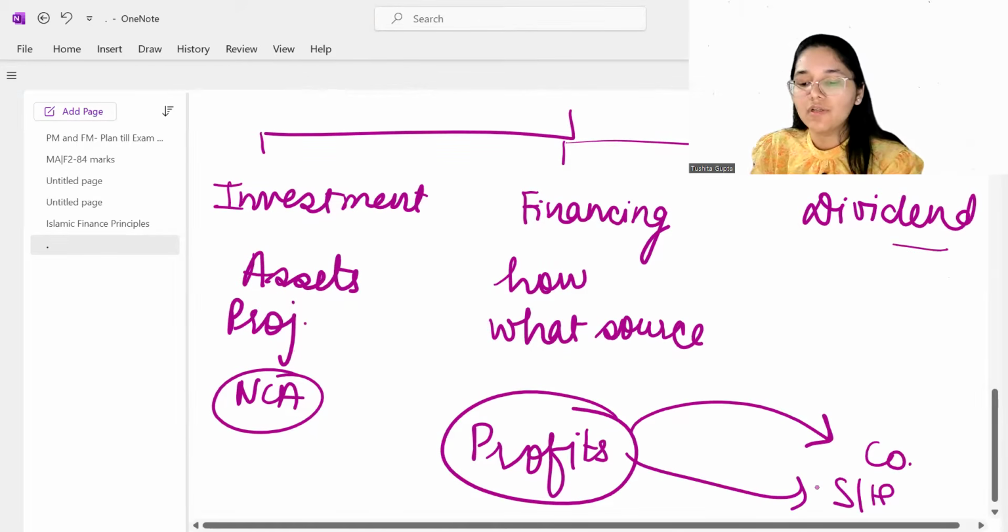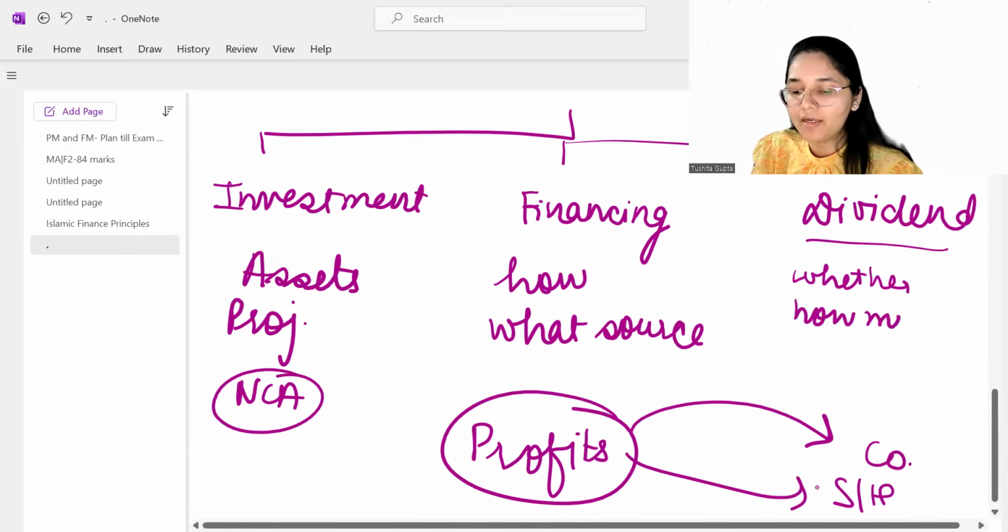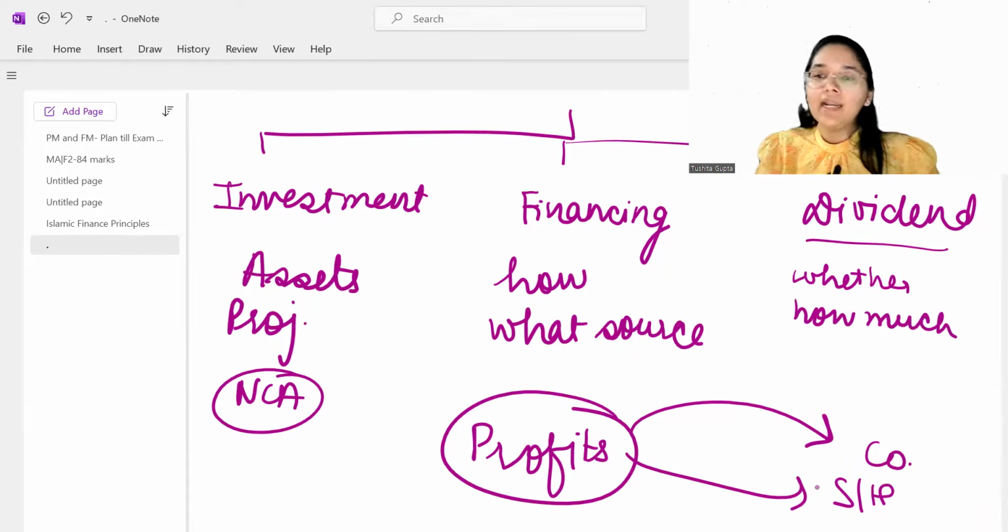So this decision will be taken under dividend decisions: whether you should be paying the dividend, and if you're paying the dividend, how much should be paid and how much should be retained in the company. All of the decisions which pertain to dividends will come under the dividend decisions. So all of the decisions that you take under financial management will fall in either of these three categories.